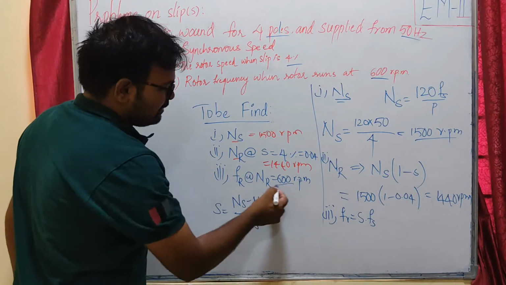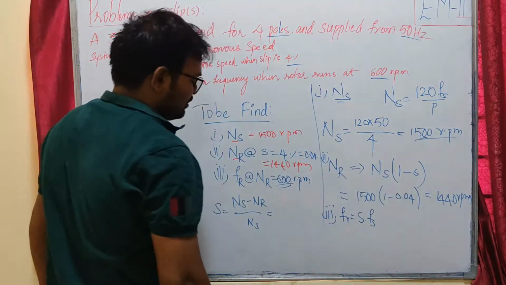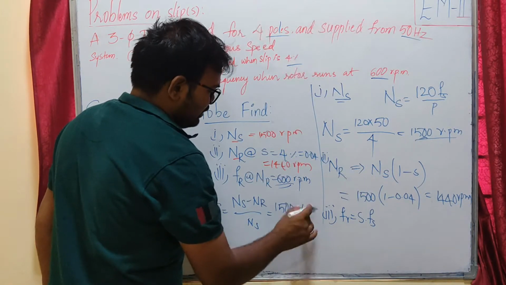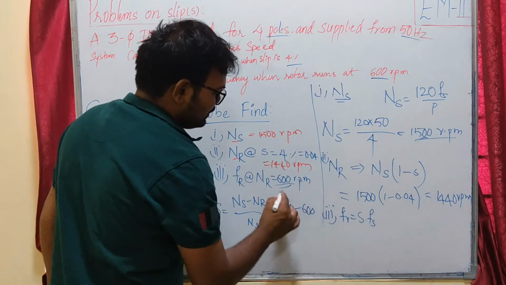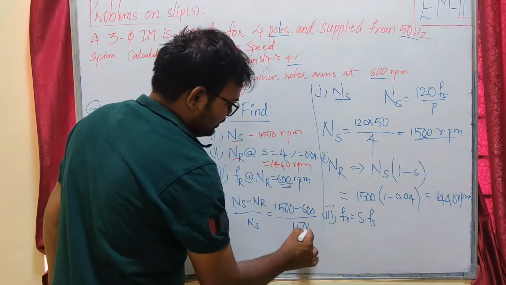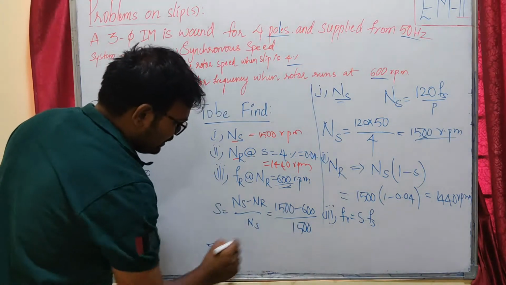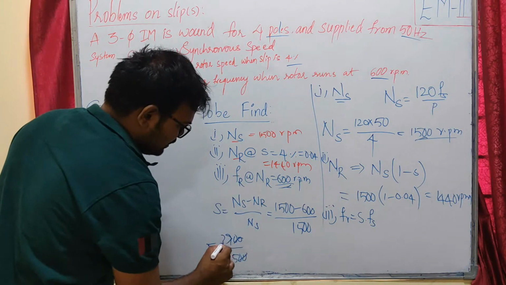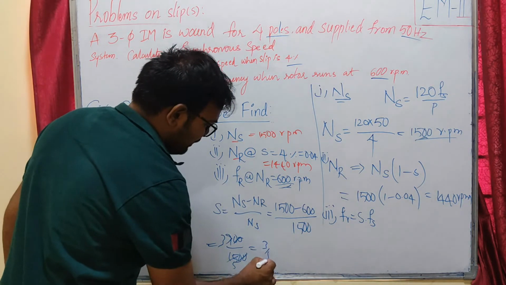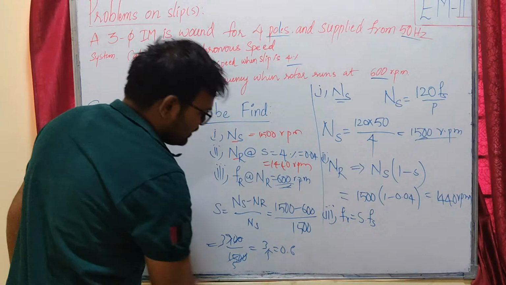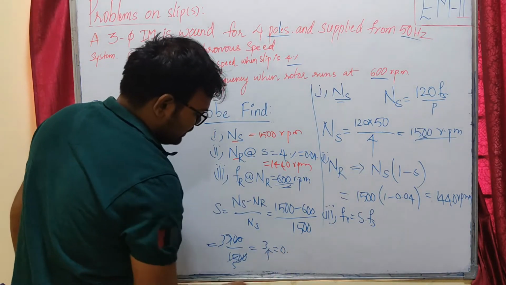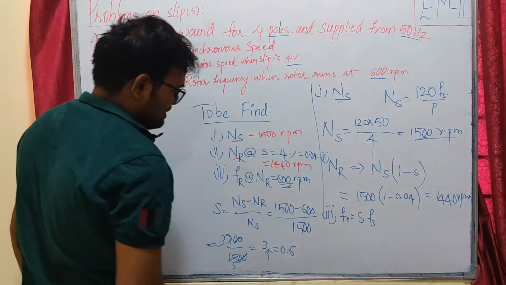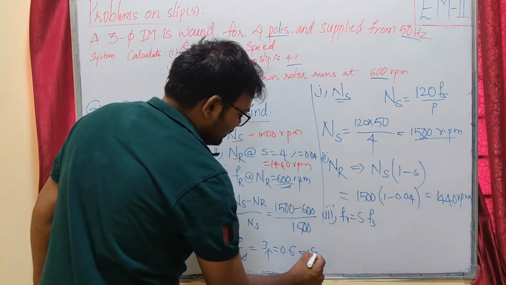So substituting the NR given in the third question, we are left with 900 by 1500, which equals 3 by 5, that is 0.6. So our slip is 0.6.